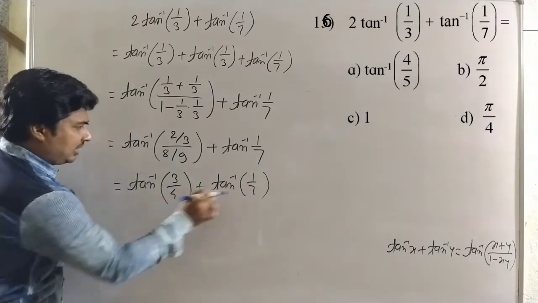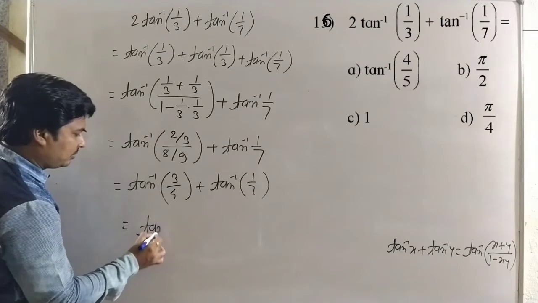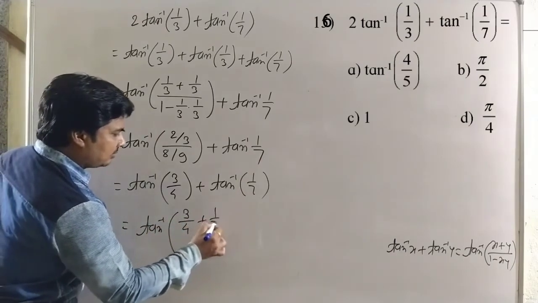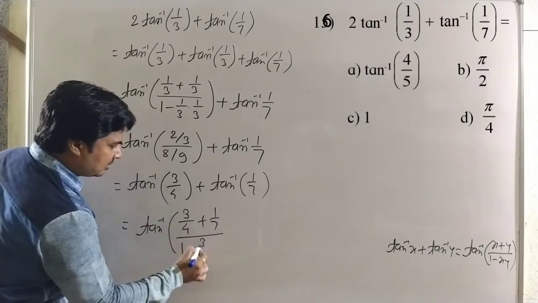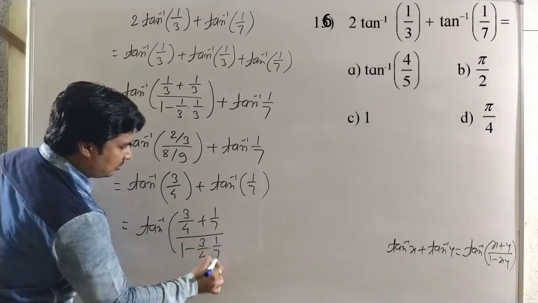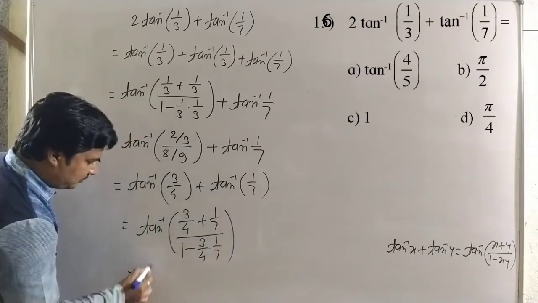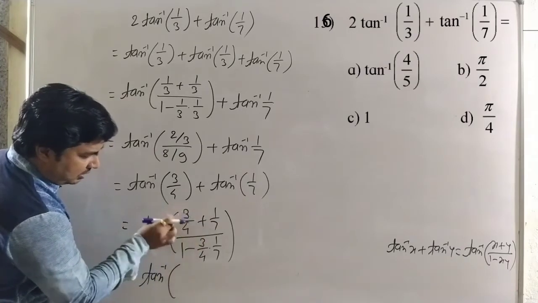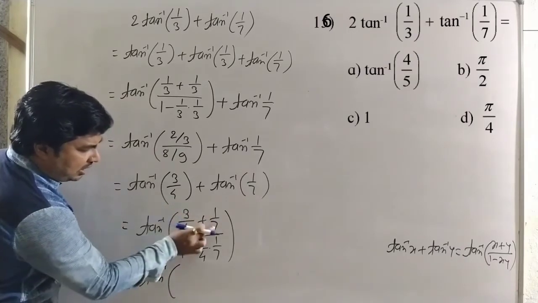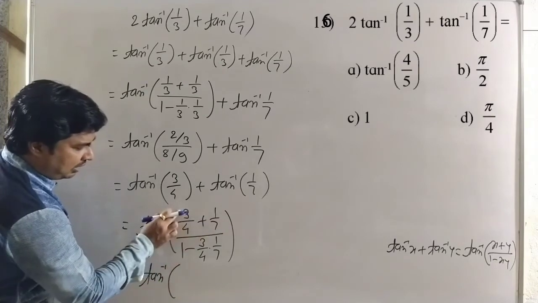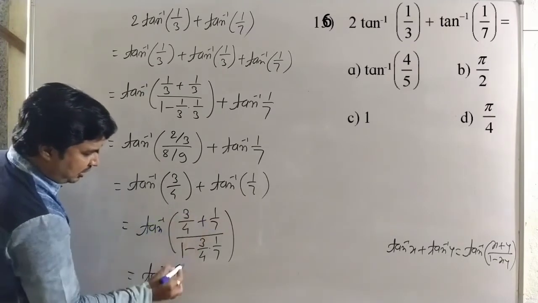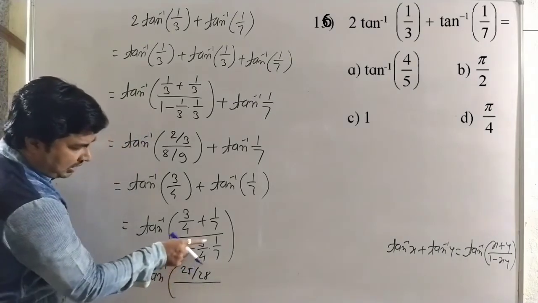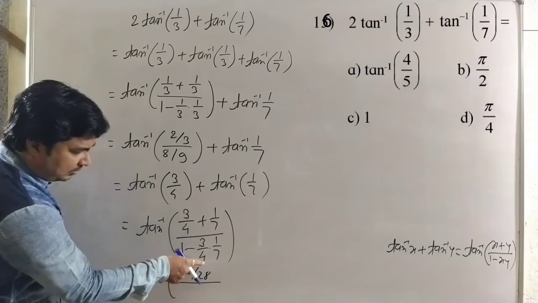It is x and it is y, therefore it is tan inverse of x plus y upon 1 minus x into y. Now take the calculation. It is tan inverse of, here 4 and 7, addition by cross multiplication: 21 plus 4, it is 25 upon 28, upon again 1 minus 3 upon 28.